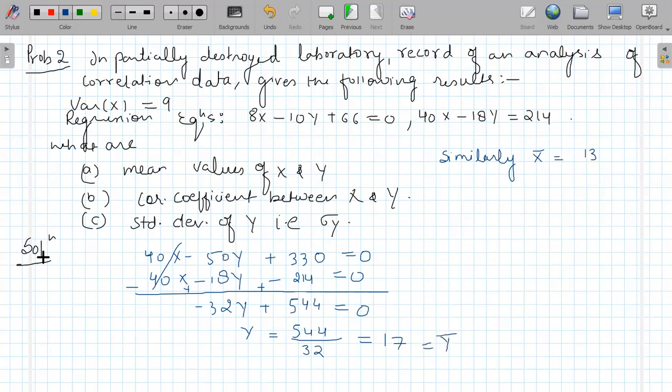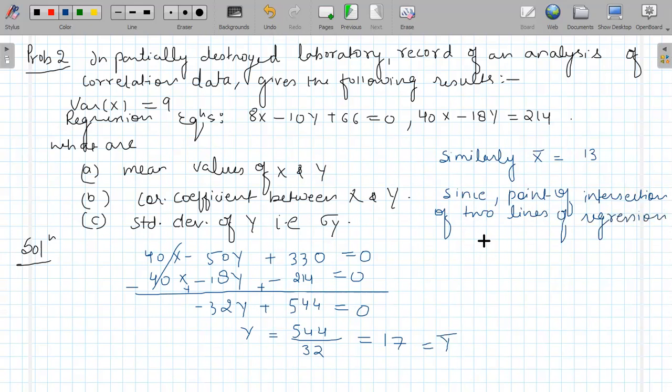So you can write, since the point of intersection of two lines of regression is the average value of x and y. So x bar is 13 and y bar is 17. Okay.